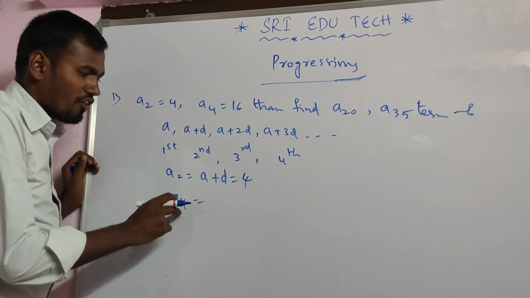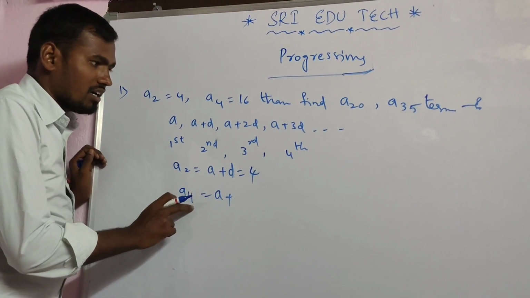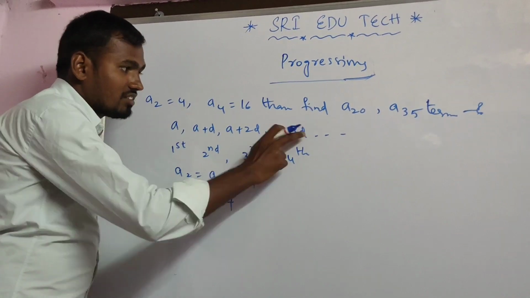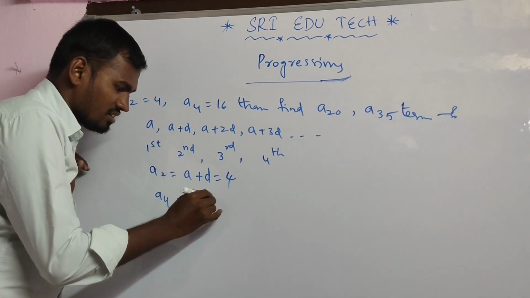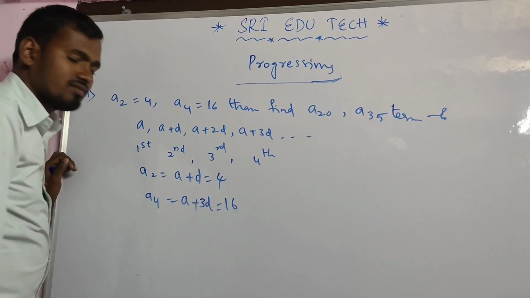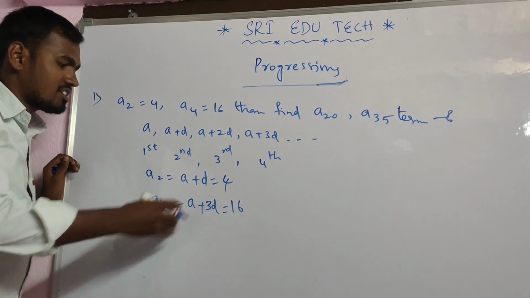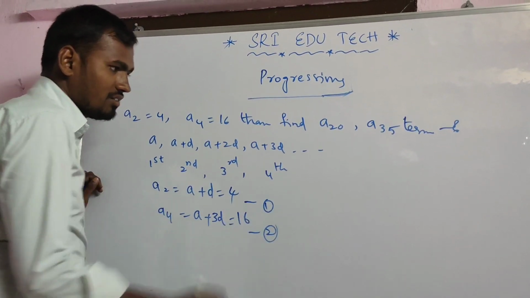A4 means A constant, A plus, then D will increase, 3D. 4 means 3D. Then A plus 3D is equal to how much given? 16. Okay? Right. So this is equation number 1. This is equation number 2 only.